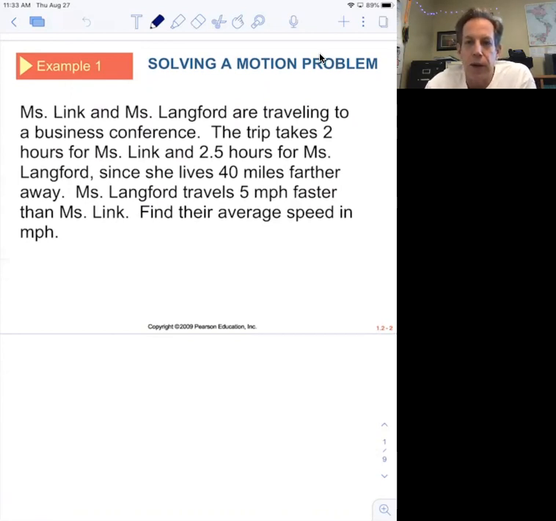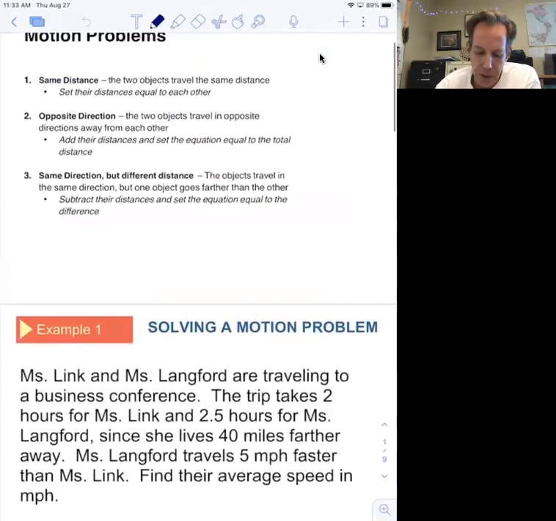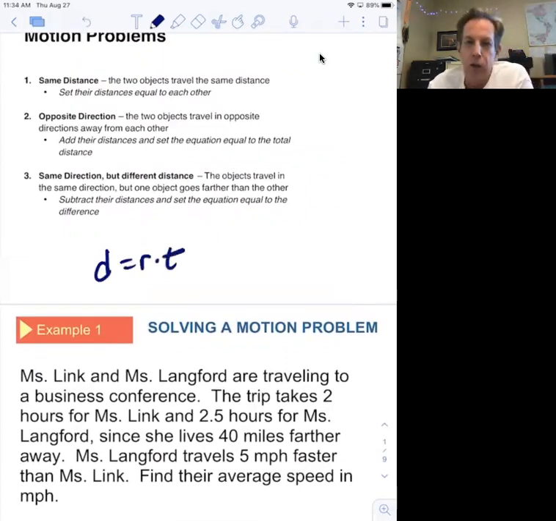Okay, so as we go through this problem, I'm going to create a chart, okay? Actually, let me back up a little bit. For all of these motion problems, the formula is a real common formula, which is distance equals rate times time, okay? So we're going to be using this formula for every single problem.